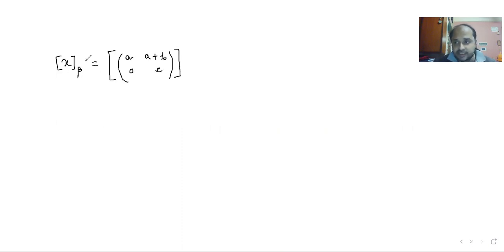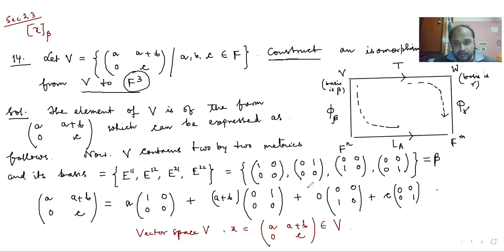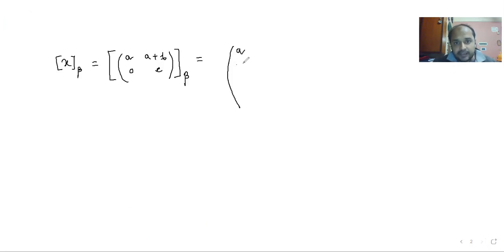This is not a matrix sign, remember, with respect to beta. And that would be the column vector a plus b, 0, c. Now we know that this column vector of this form actually belongs to F4.